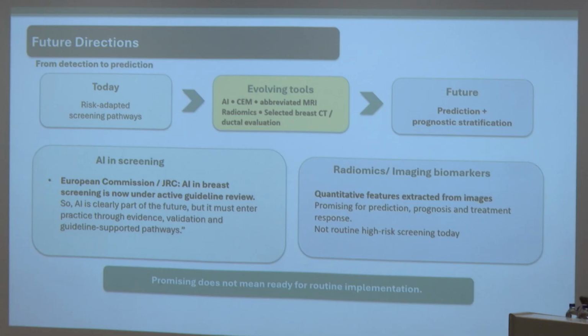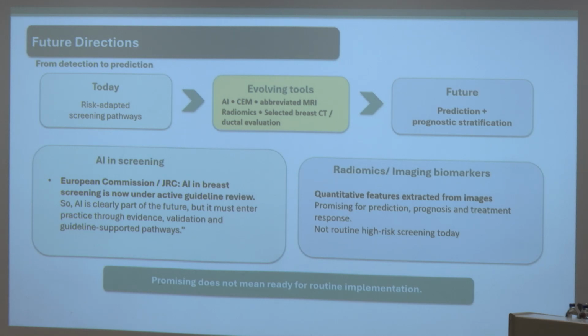And what are the future directions? Today we have the risk-adapted screening pathways, the evolving tools, the AI, the CEM, abbreviated MRI, radiomics, selected breast CT, the 3D CT, and the ductal evaluation they have already had in the talks. And the future is the prediction, prognostic stratification.